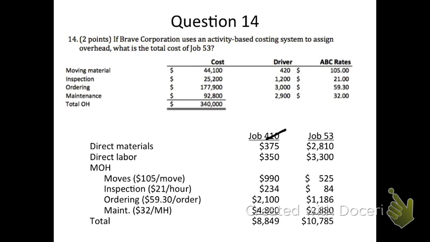Actually, in both of these jobs, because they're not the only 2 jobs in the factory, both of the jobs turned out to be a lower cost. Again, this is because we probably have other jobs in the factory that are consuming a higher proportion of that overhead.